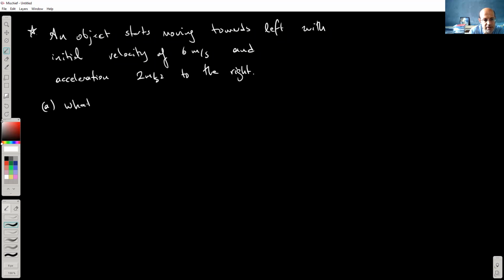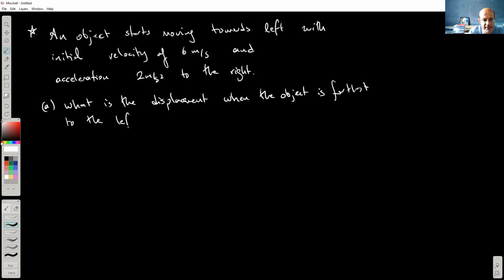I start with the most complicated question. So what is the displacement when the object is farthest to the left, farthest point on the left?